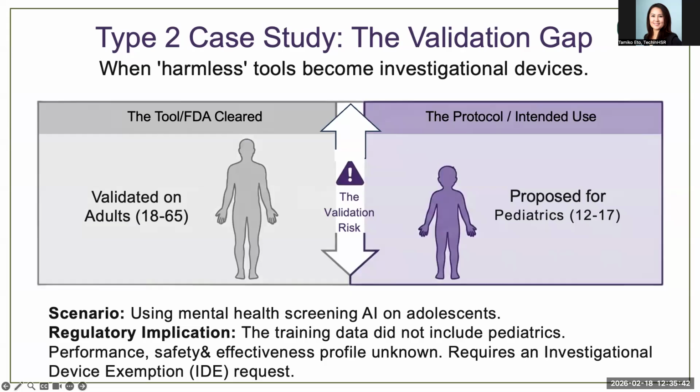But if we use this tool as is, the AI will flag typical 15-year-olds as high risk for depression. So that's not a validated tool. That's an investigational device being tested on a completely different developmental population. And we know that validation for adults does not transfer to children.